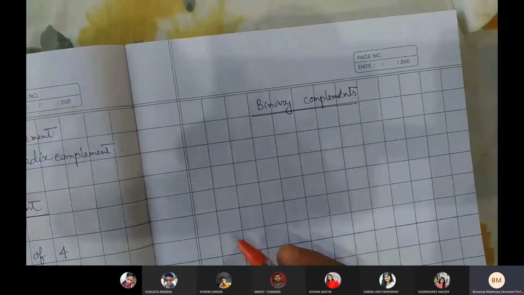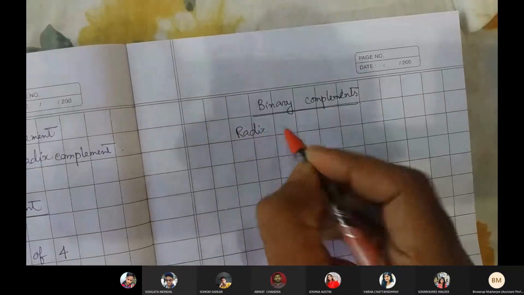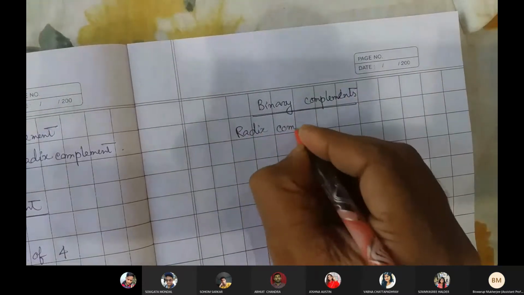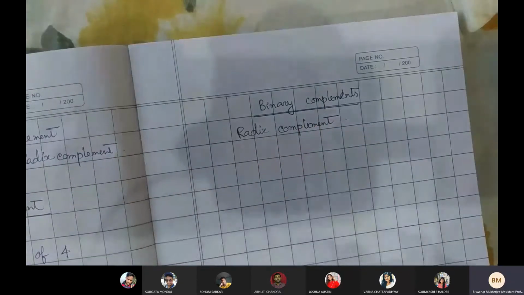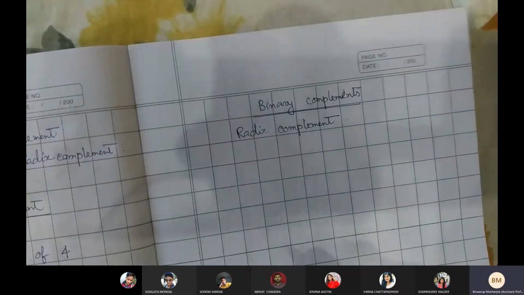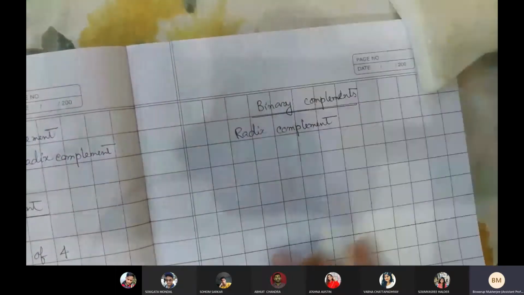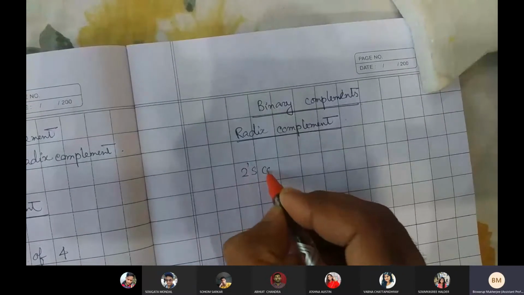Again, let me start with the radix complement. So for binary, what is the radix or base? The base is 2, right? For the decimal number, the base is 10. For binary, the base is 2. So here the radix complement is nothing but 2's complement.